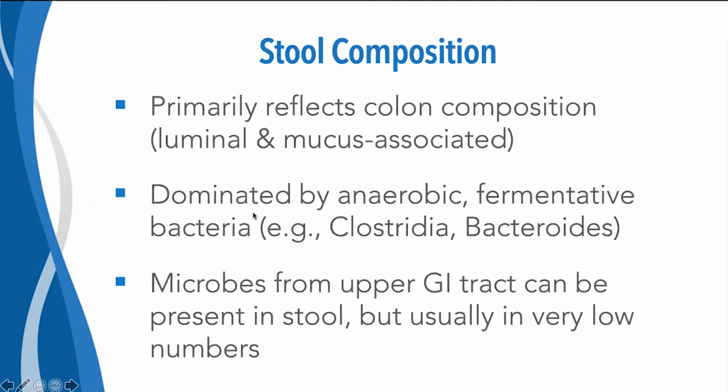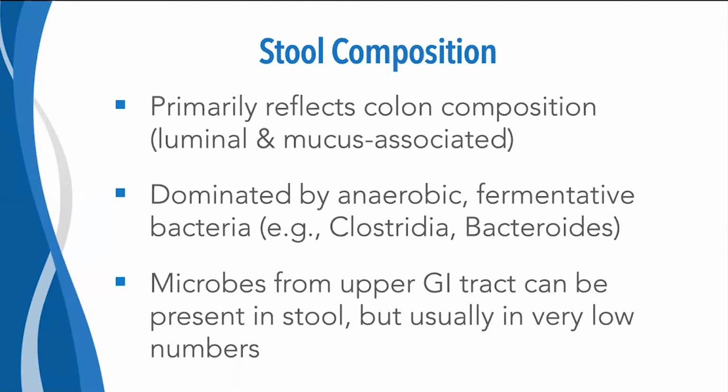It's also dominated by anaerobic fermentative bacteria, in particular the Clostridia class in the Firmicutes phylum, and then the Bacteroides genus in the Bacteroidetes phylum. Those are far and away the two most dominant groups in the microbiome in most individuals, at least in Western countries. Microbes from the upper GI tract can be present in stool, but usually in really low numbers.